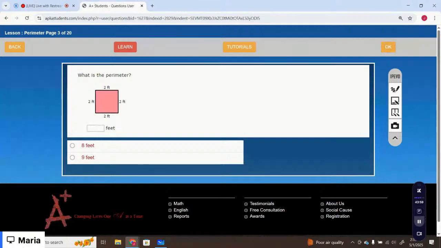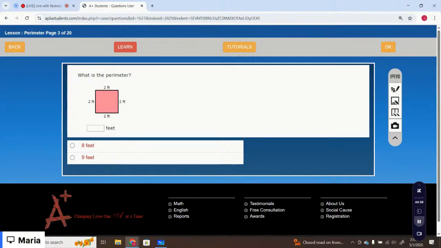What is the perimeter? Which is the correct option? The correct option is 8 feet.